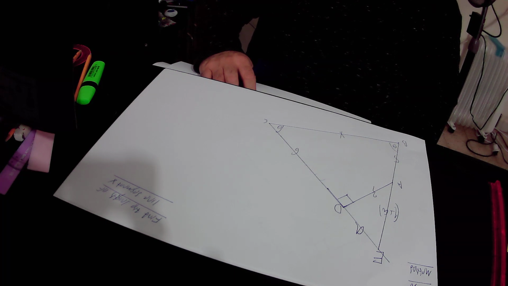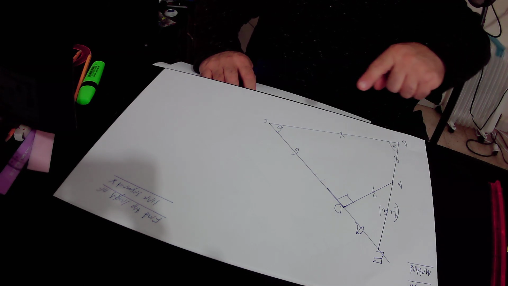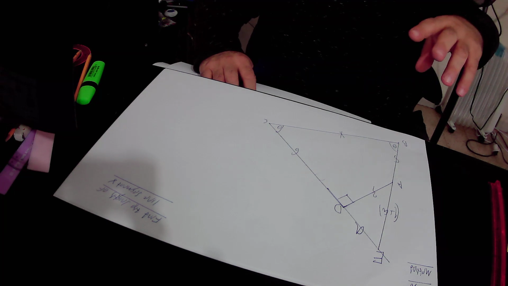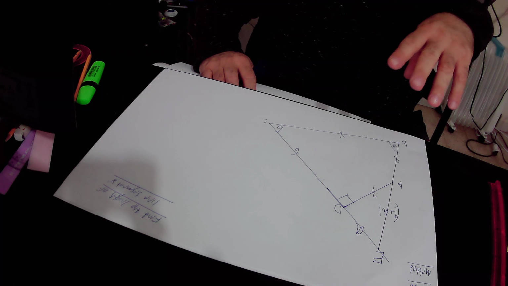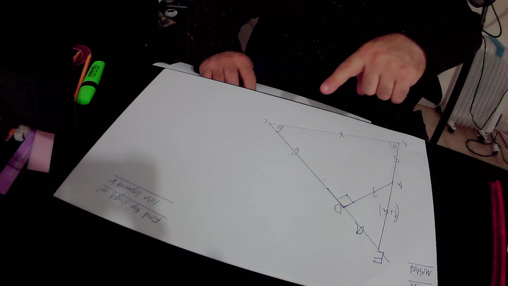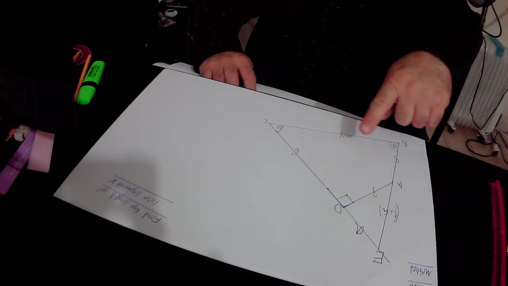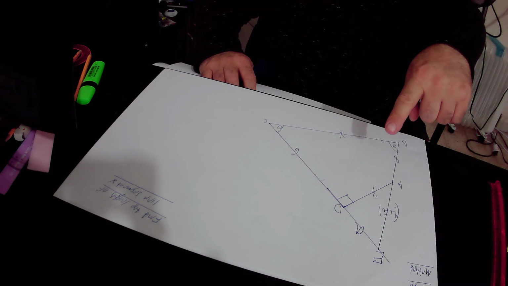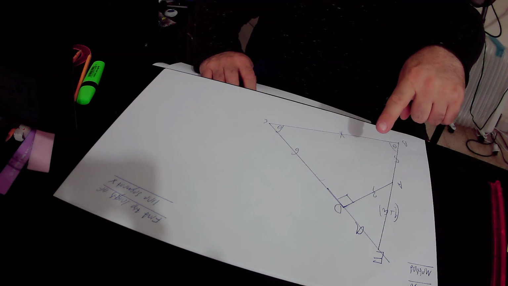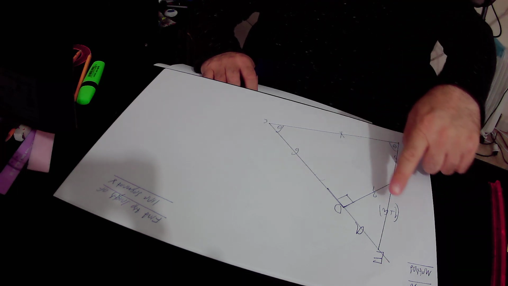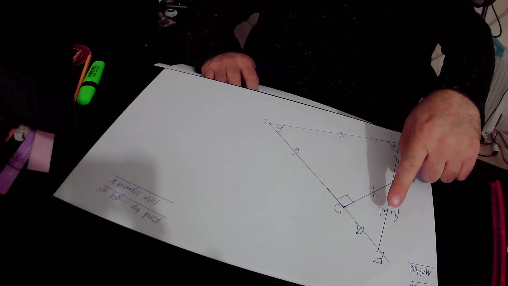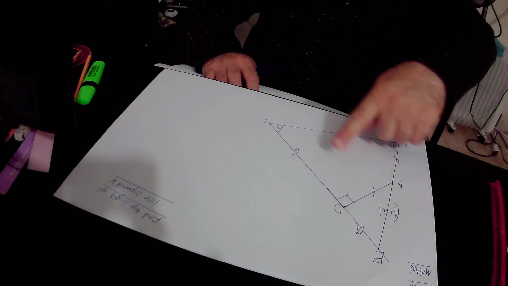In addition, before the construction, we had quadrilateral ABCD, and CD is one side of quadrilateral ABCD, therefore it is a straight line, and we extended the straight line CD by a straight line, and in this way we created line segment EC.